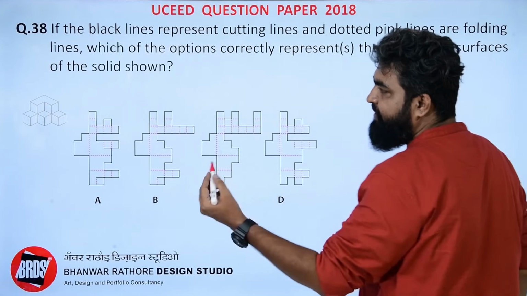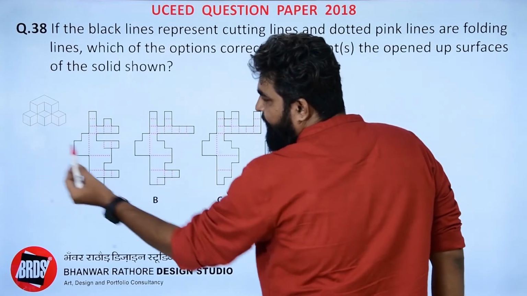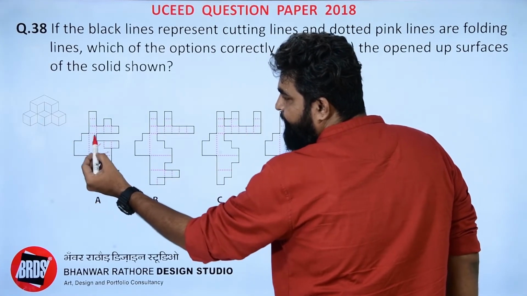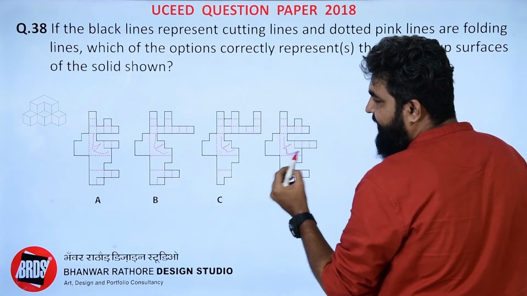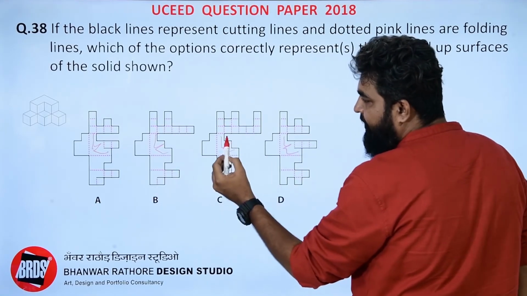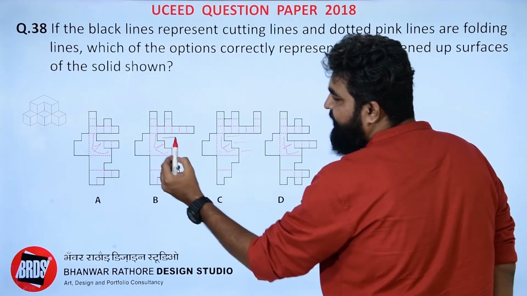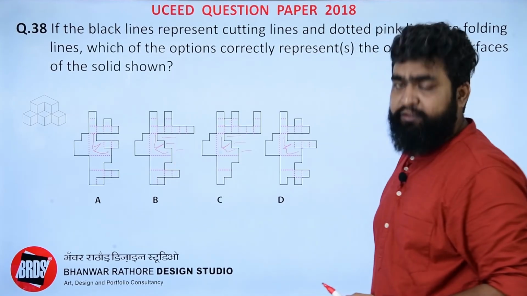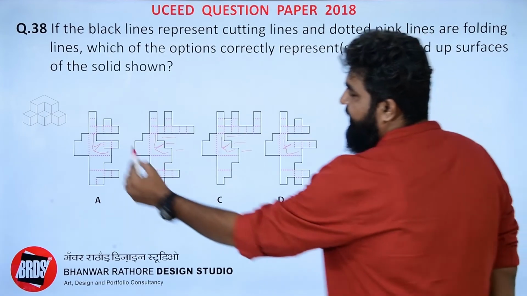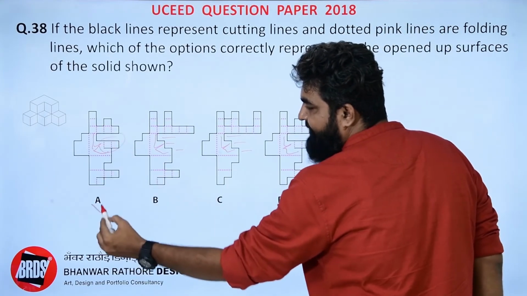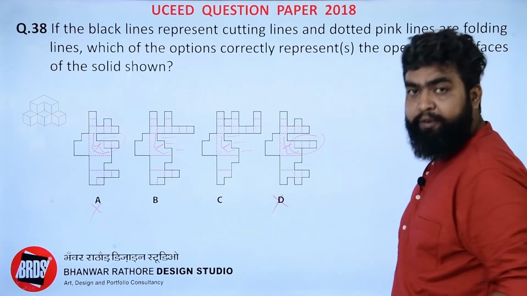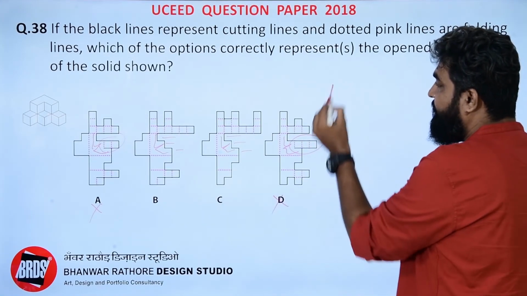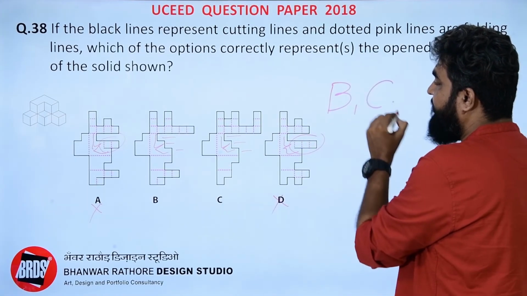Based on that, if we check, the base on the bottom is given over here in all the images, and then if we check near that image, here there should not be any cube or square seen. So in A there are a few, so A is eliminated. Same as in D, there are a few, so they are also eliminated. Now, the correct answer for us will remain B and C.